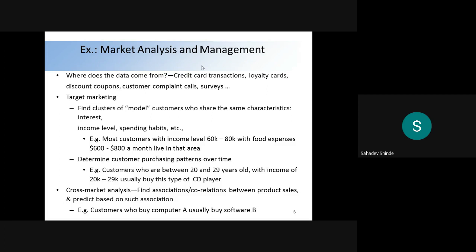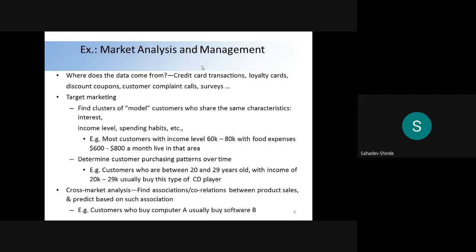Some customers always buy every day from Amazon, every day from Flipkart. Like that, we need to find out the mentality of the customers here. For example, you can see how target marketing works: most customers with income level 60K to 80K. Their income level is from 60,000 to 80,000, along with food expenses of $600 to $800 a month, and they live in that area.